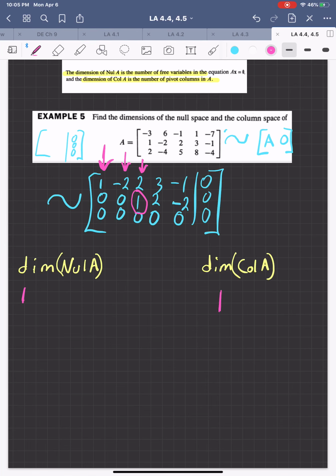So let's see here. So let me make sure I read that correctly. The dimension of a null space is the number of free variables in the equation.